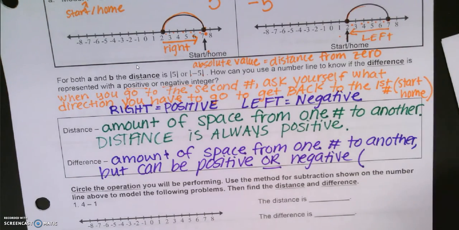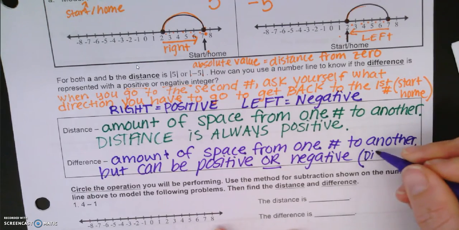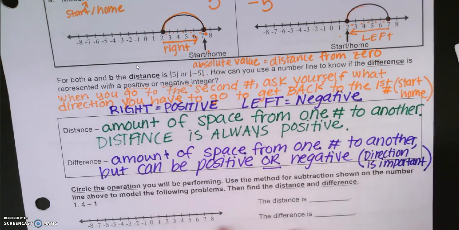What's important when we're figuring out the difference? What's important is direction. Direction is important. The direction you travel to go back to where you started. Awesome. Great job. Give you about 15 more seconds to make sure you have both of these written down.